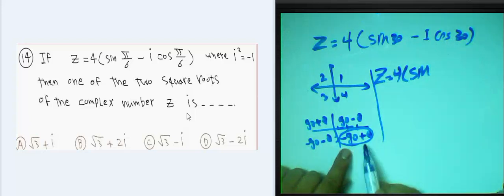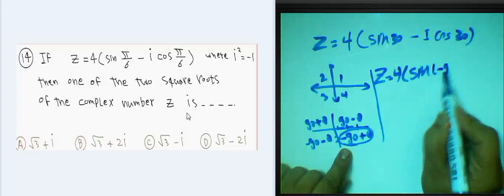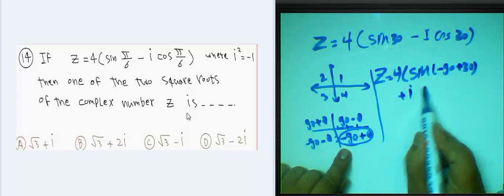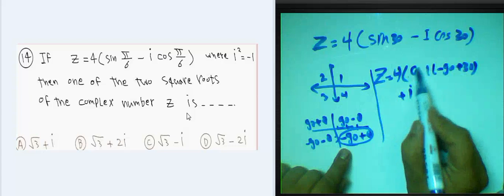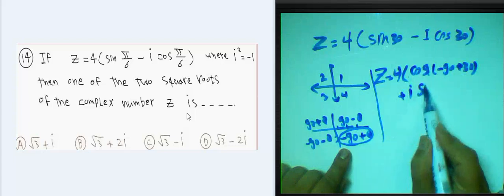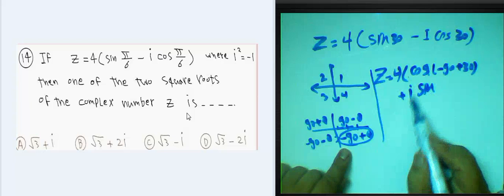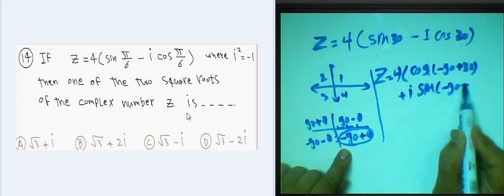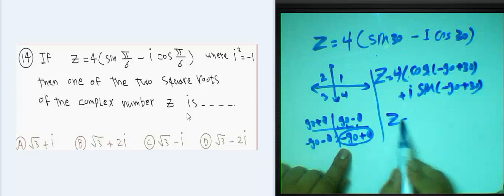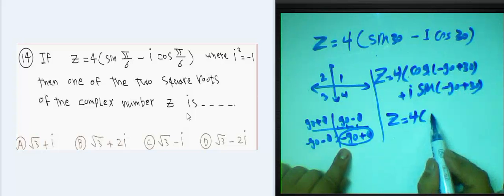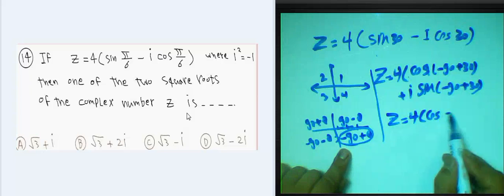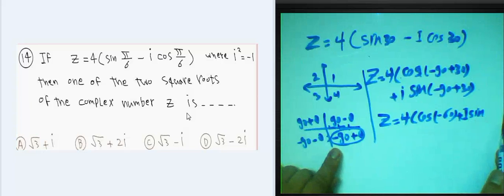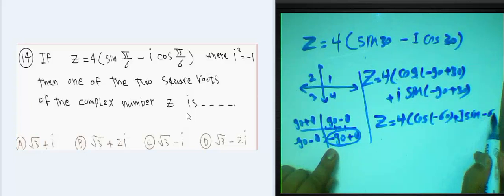Then this angle is negative 90 plus 30, plus i multiplied by sine, which will become cosine, and cosine will become sine. Negative 90 plus 30, then z will be equal to 4 times cosine negative 60 plus i sine negative 60.